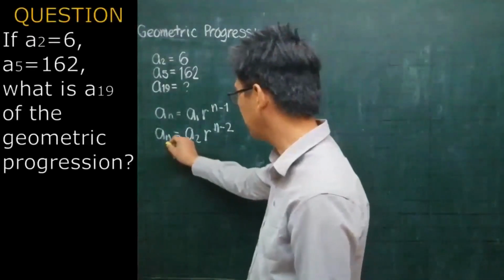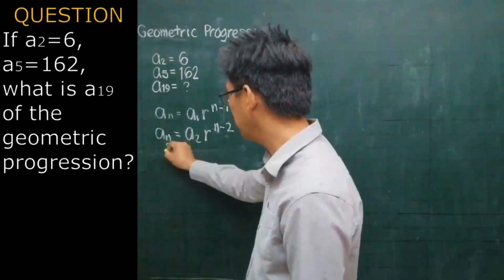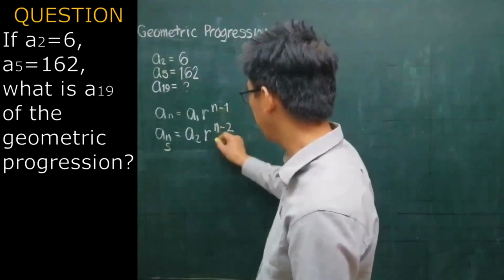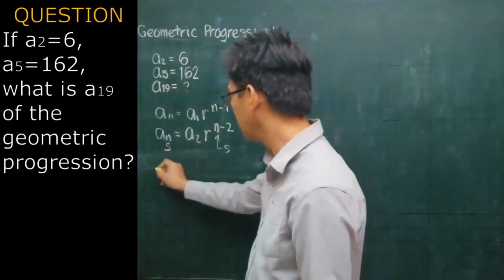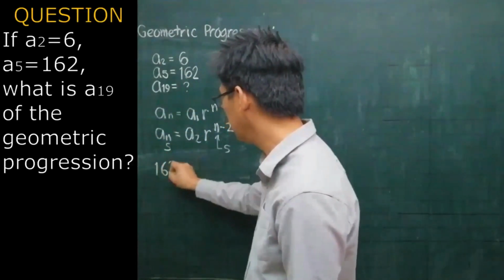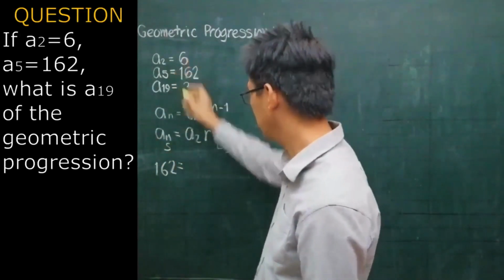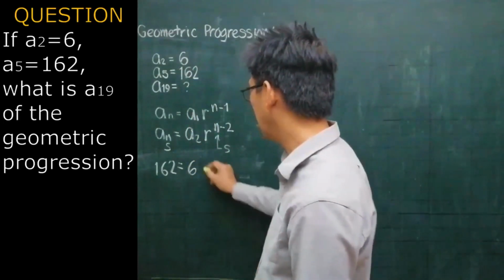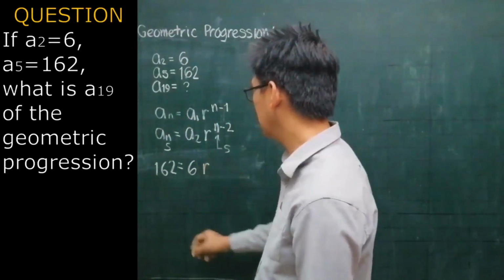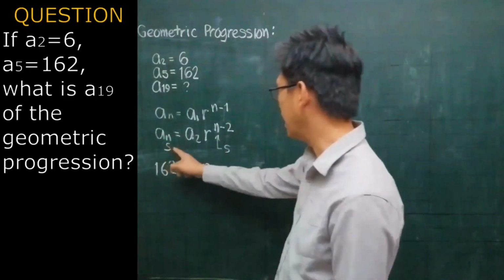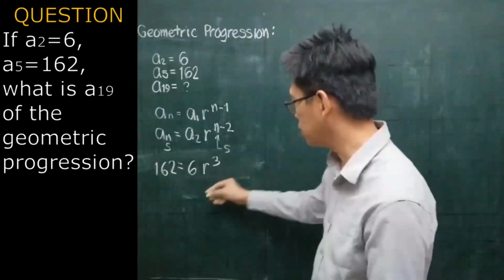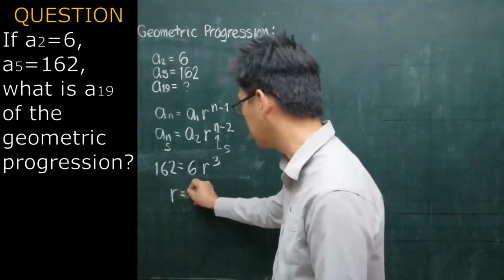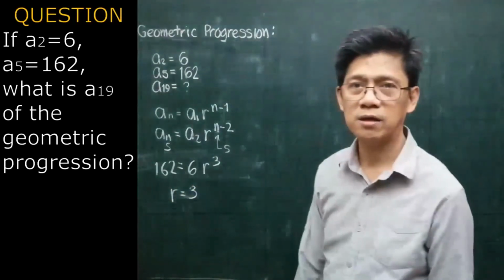So if N here is 5, I have here A5 is 162 equals A2, 6, times R unknown to the 5 minus 2, 3. So in this equation, solving R, R is going to be equal to 3.